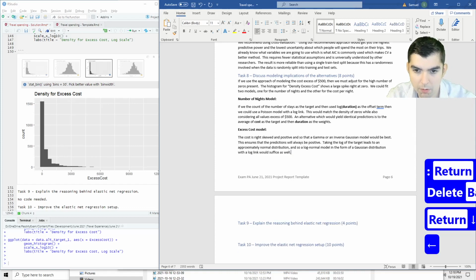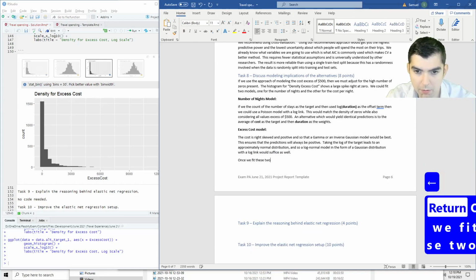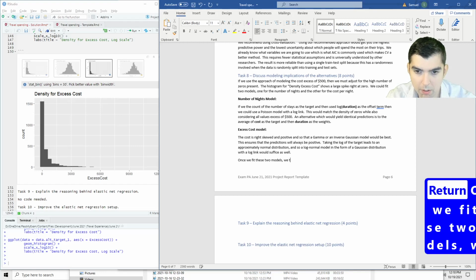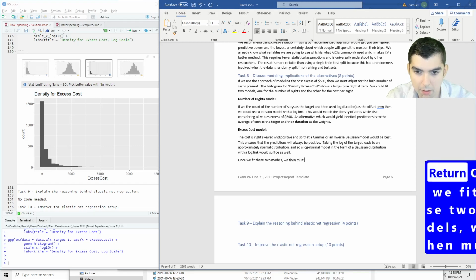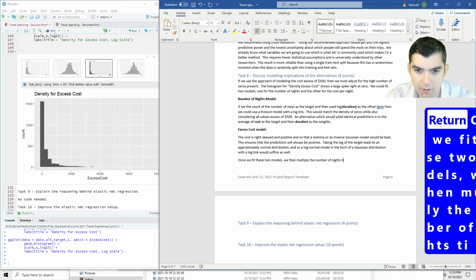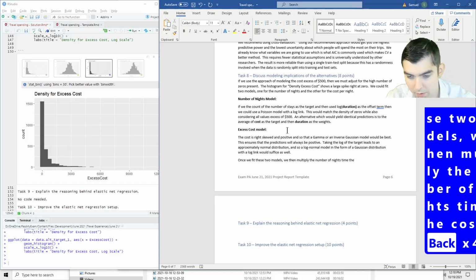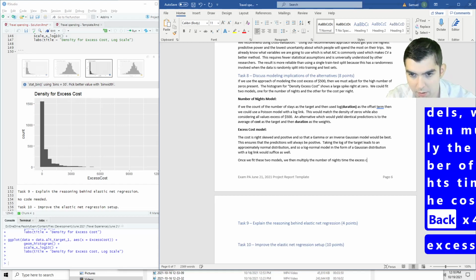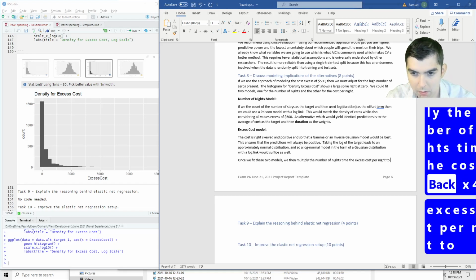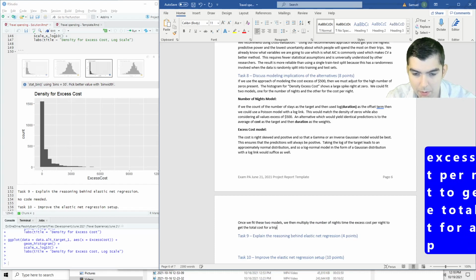Once we fit these two models, we then multiply the number of nights times the excess cost per night to get the total cost for a trip.